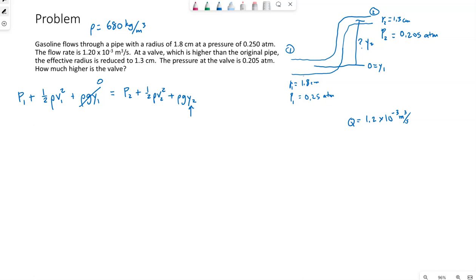So ultimately, we need to figure out the speeds of the fluid at points 1 and 2 in order to solve Bernoulli's equation for Y2. Oops, this is a V, not a Y. All right, so taking this stuff to the other side, that leaves me with rho g Y2. And we'll be able to solve for Y2.